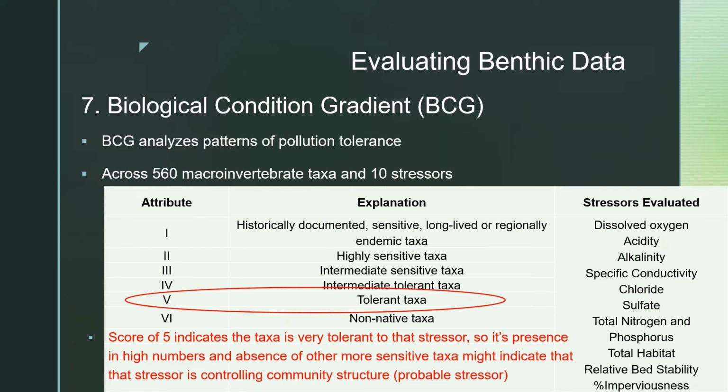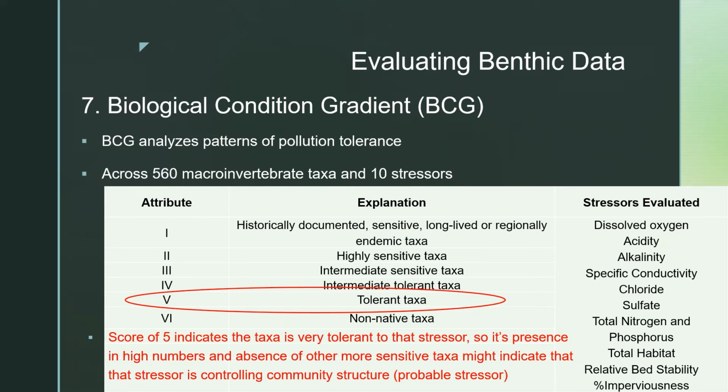For a given taxonomic group and for a given parameter, how narrow is that tolerance curve? Looking at all of that information for a lot of parameters and taxa, they were able to come up with what we call the biological condition gradient score. It looked at 560 different taxa and 10 different stressors.